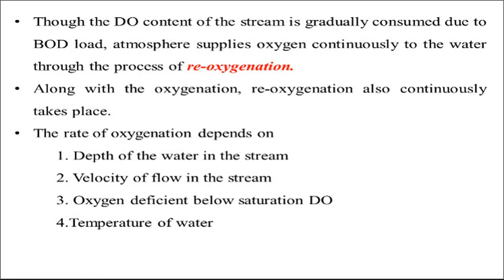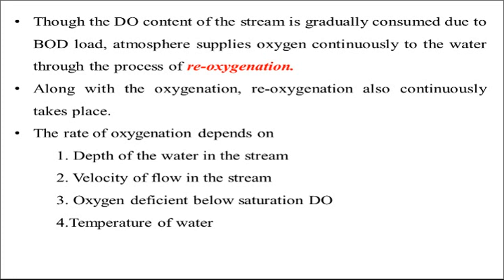Means whatever oxygen is depleted, that oxygen is regained by the process called reoxygenation. So whatever atmospheric oxygen is there, it gets mixed with the stream water. Along with deoxygenation, reoxygenation also continuously takes place.